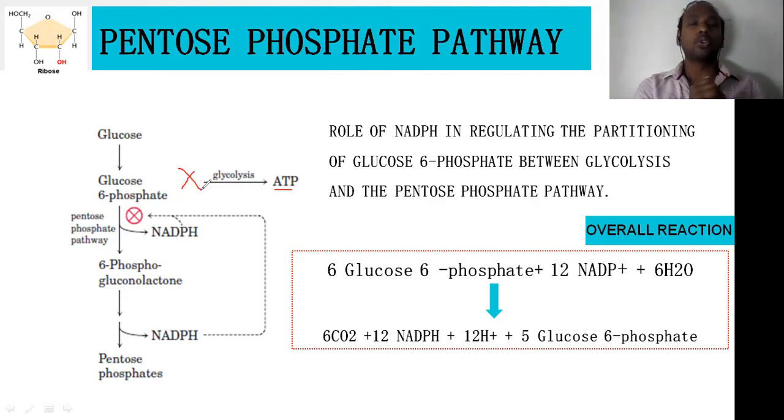Then the product glucose 6-phosphate is accumulating, and that is going into the pentose phosphate pathway. Clear?